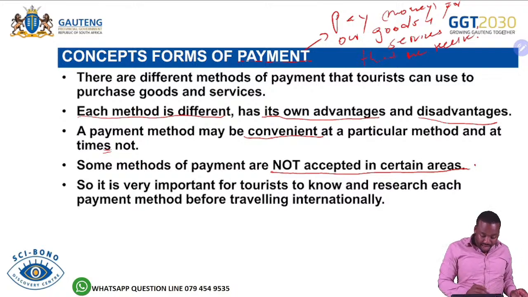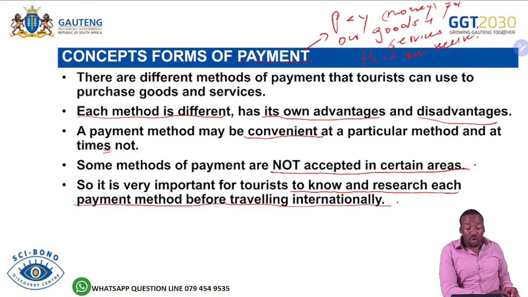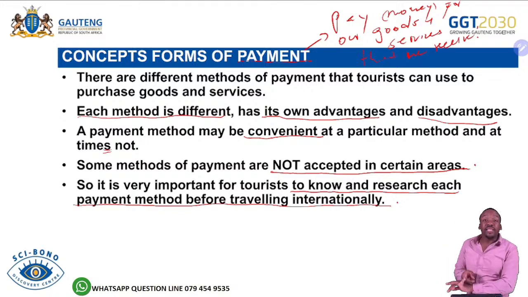The last thing, it is very important for tourists to know and research each payment method before traveling internationally. Basically, what am I saying? We're going to learn about different methods of payment that tourists can use to pay for goods and services they've received.